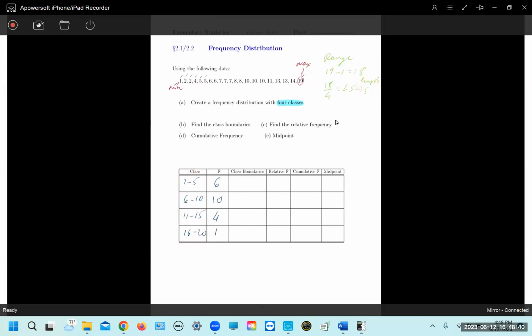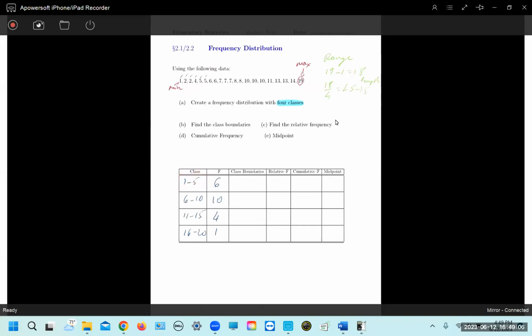Right now we do the class boundary. For the class boundary, we subtract 0.5 from the lower limit and add 0.5 to the upper limit.